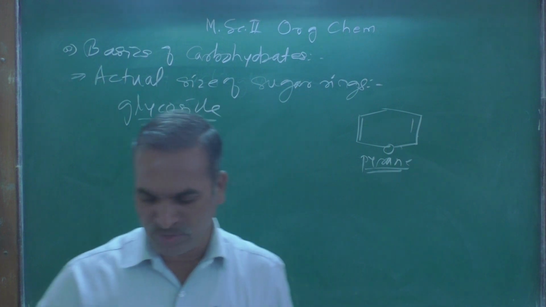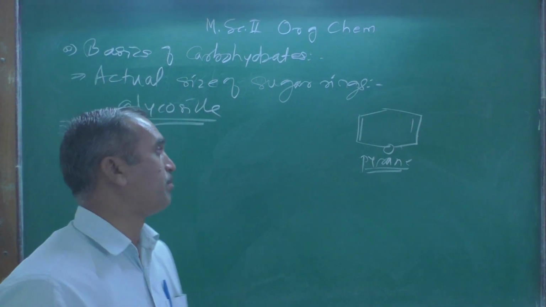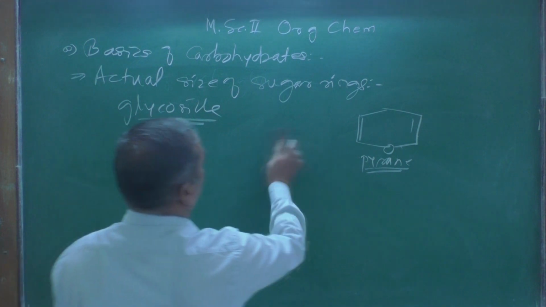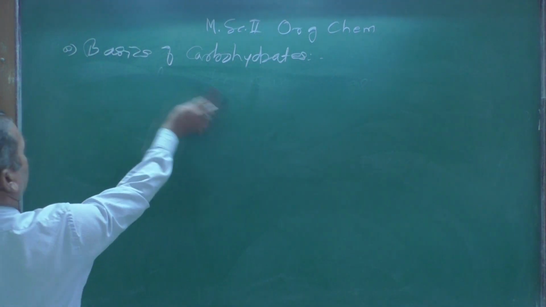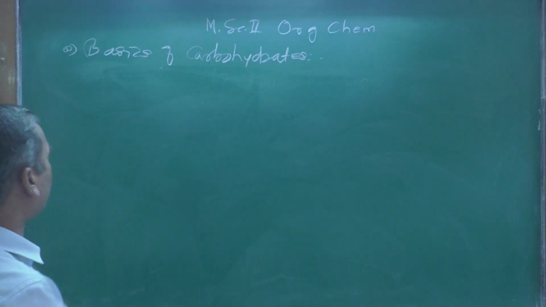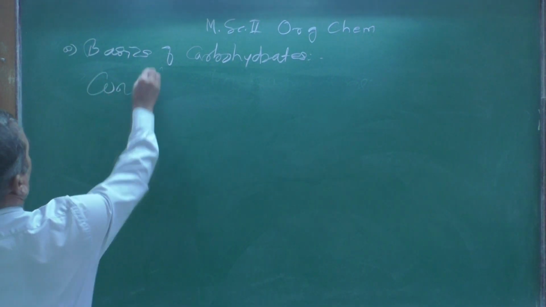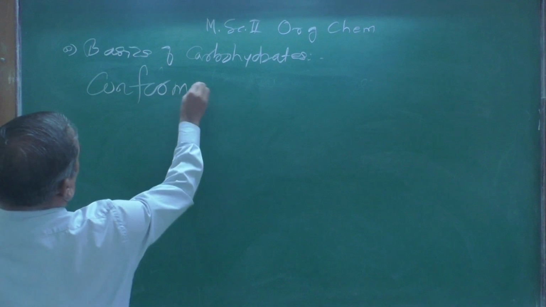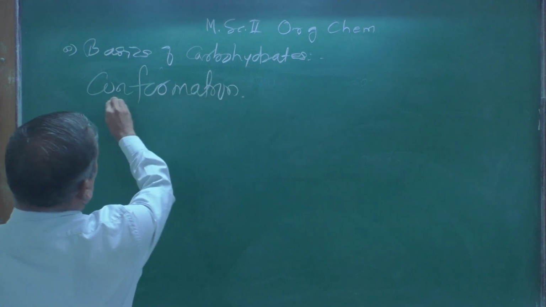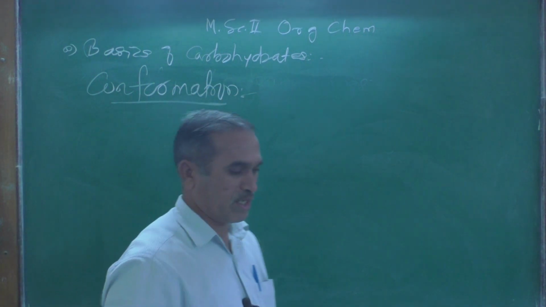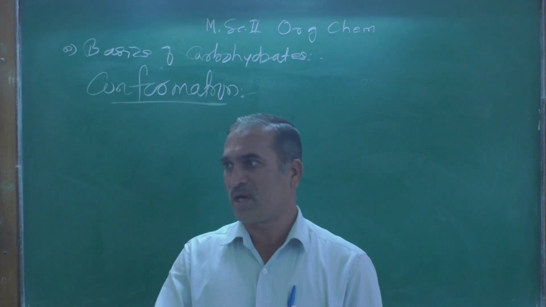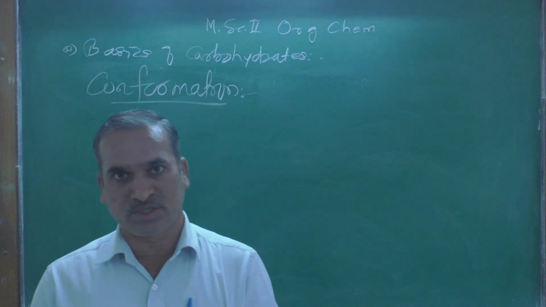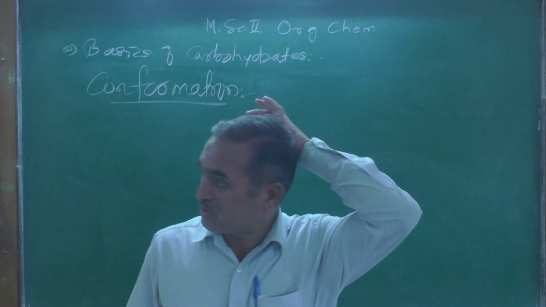Now the next point we are going to learn about is conformations. As we know, just by rotating a carbon-carbon single bond, we get different structures known as conformations.